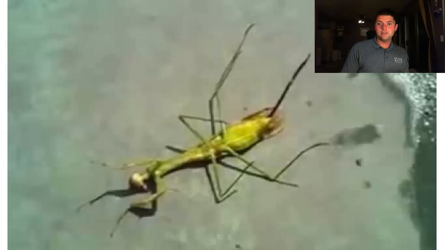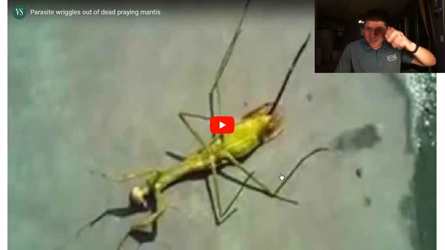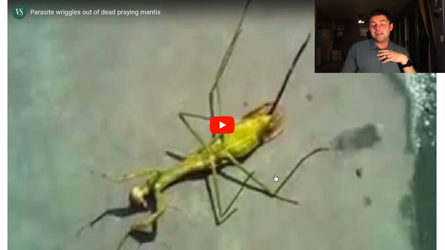Let me show you a video. So I've got this grasshopper, and I'm just going to tell you right now that this grasshopper has a parasite inside of him. And this guy is spraying this grasshopper who has been infected with this parasite. You can see it right here coming out the back of the praying mantis. He's spraying it with an organophosphate.